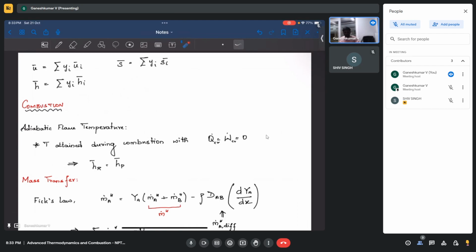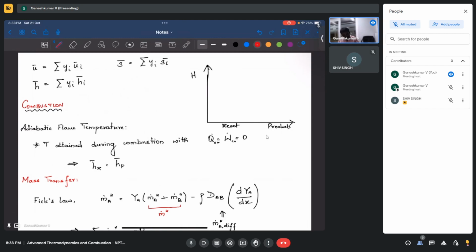So in a combustion process, we already know, so I'm just drawing this. This will be the reactants, and this will be the products. This is the total enthalpy.